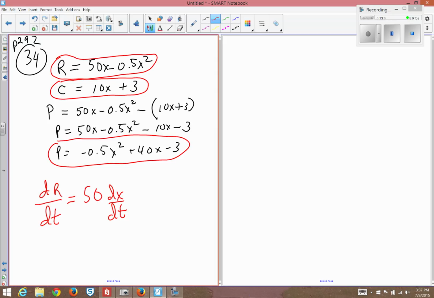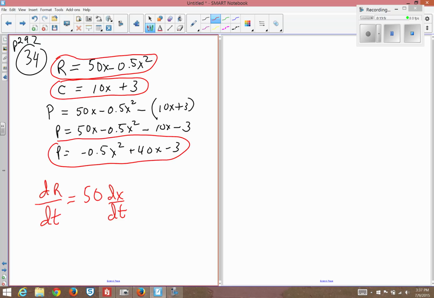If we're finding the derivative with respect to x, which we very often do and have done, I would have just written 50 here, because the derivative of 50x would have been 50 times dx over dx. The directions, you've got to read carefully. They say the derivative with respect to time.